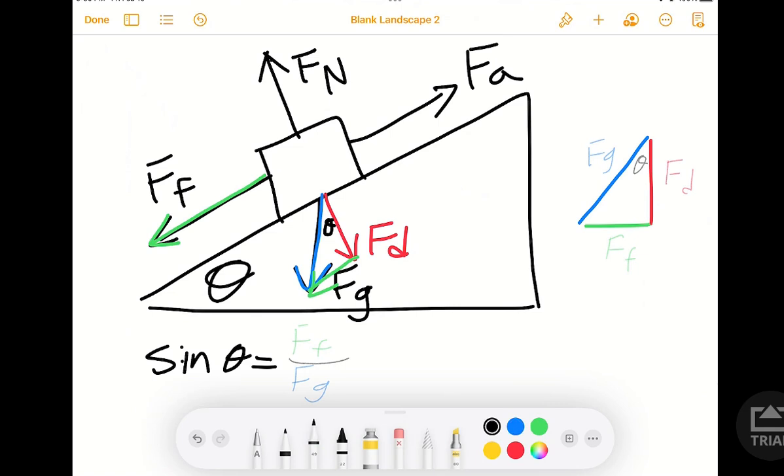So by simply multiplying both sides by FG, we can see that FF is going to be equal to FG multiplied by sine theta.